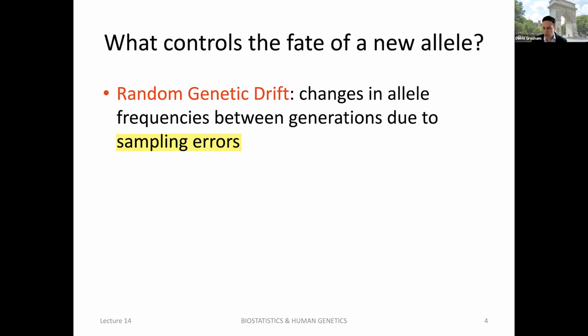So when we talk about sampling from the gene pool in population genetics, that means that we are randomly taking alleles or genotypes from the gene pool in order to make the next generation. And so the first concept that I'm going to talk about today is random genetic drift as one of the primary forces that determines changes in allele frequencies between generations.